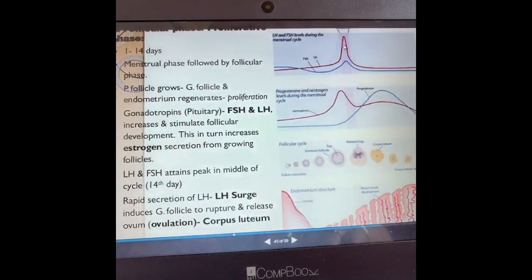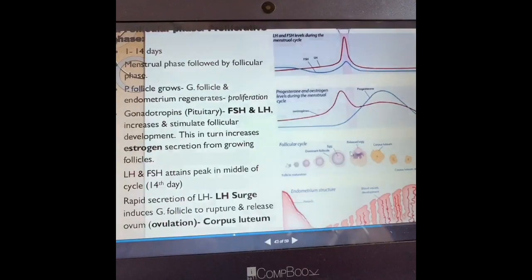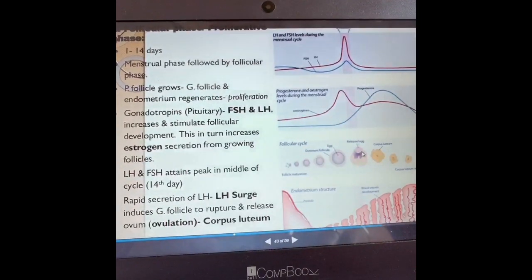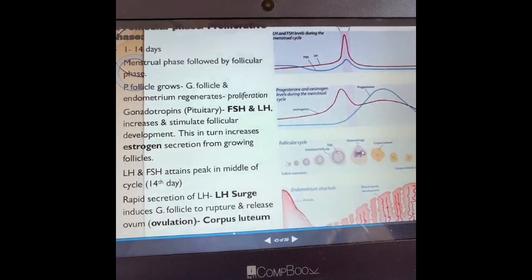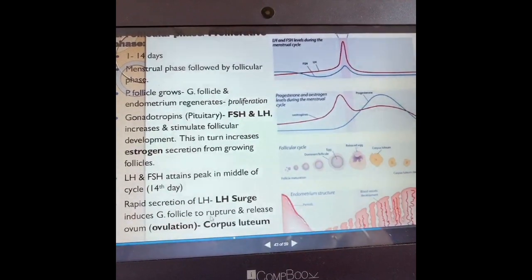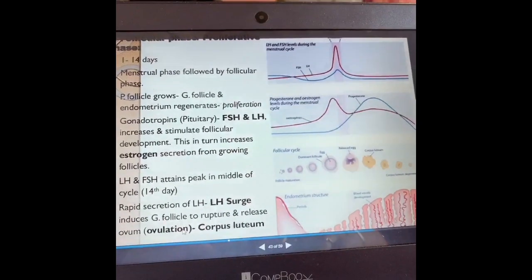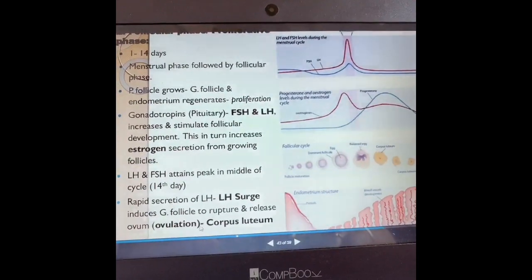LH and FSH are at peak in the middle of the cycle when the ovum is released by the Graafian follicle, and that is known as ovulation. So rapid secretion of LH induces the Graafian follicle to rupture and release the ovum. This process is known as ovulation.